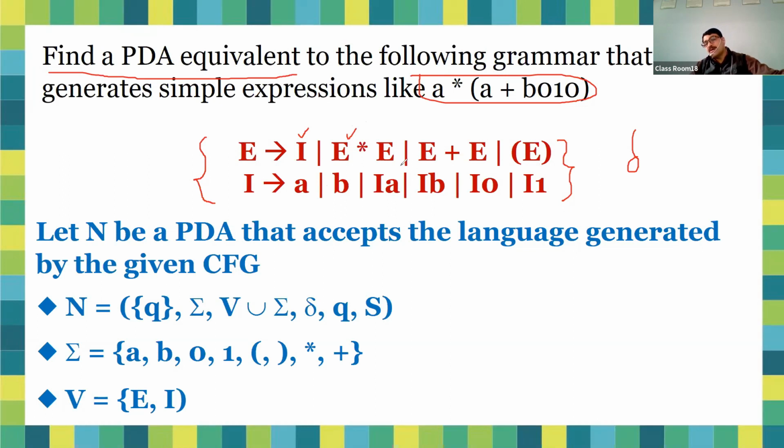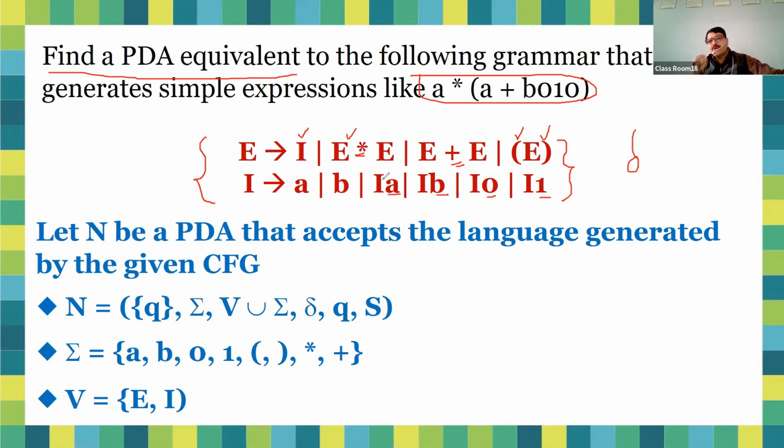But if I talk about the terminals, you can find here that star is a terminal, plus is a terminal, open bracket is a terminal, close bracket is a terminal, 0 is a terminal, 1 is a terminal, B is a terminal, and A is a terminal. So the terminals are A, B, 0, 1, open bracket, close bracket, asterisk, and plus. So there are 8 terminals used in the production, but only 2 variables.